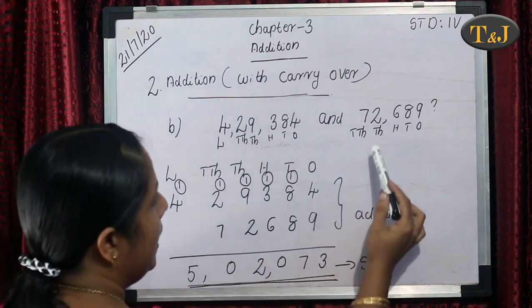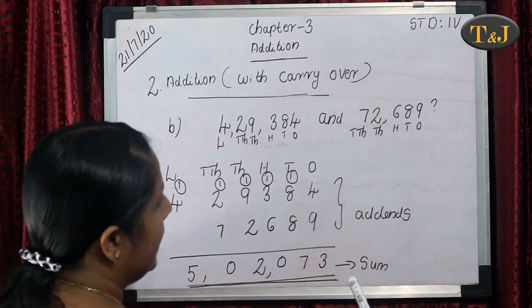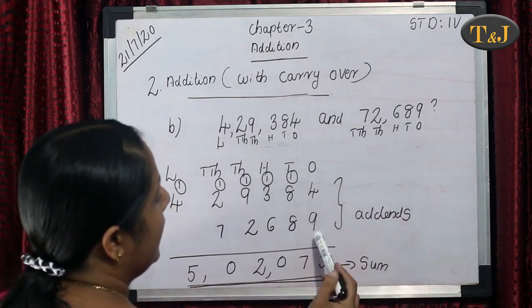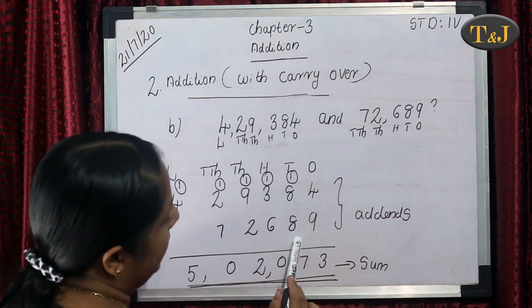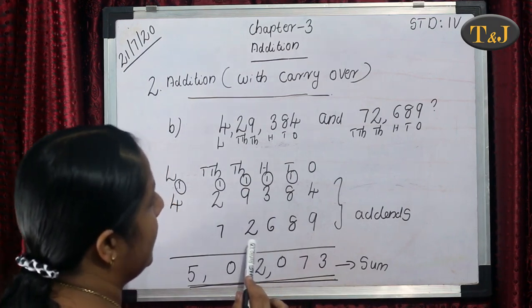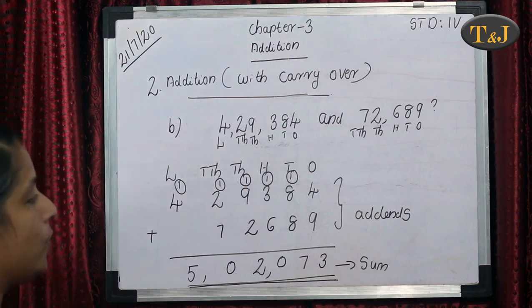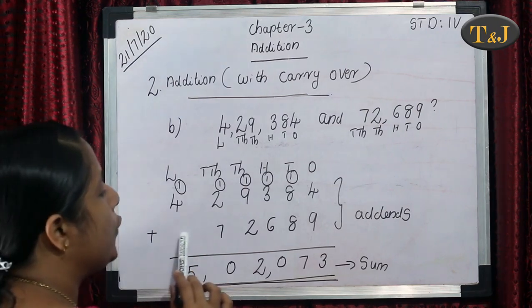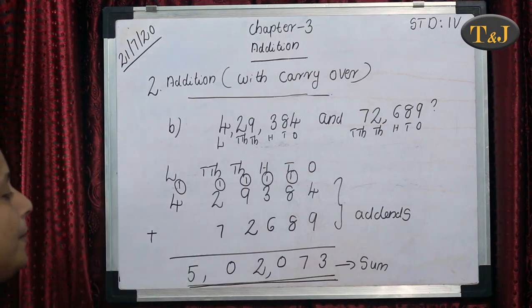Then the second number is 72,689. Write 9 in ones place, 8 in tens place, 6 in hundreds place, 2 in thousands place, and last 7 in ten thousands place. Here there is no value for lakh, so there is a vacant place.